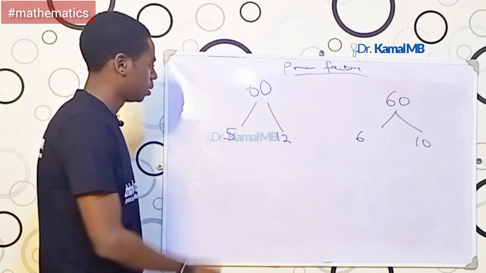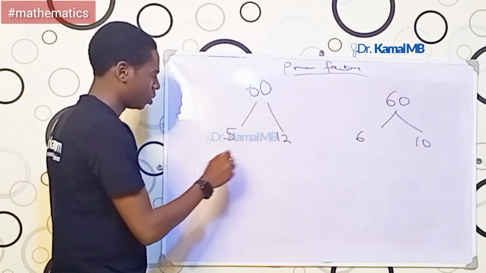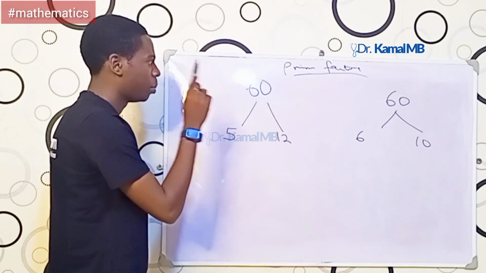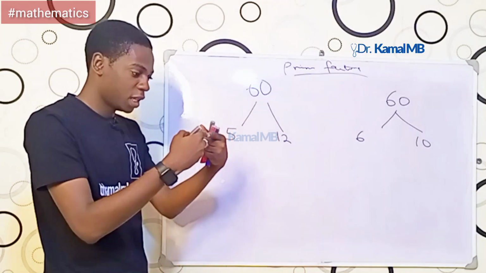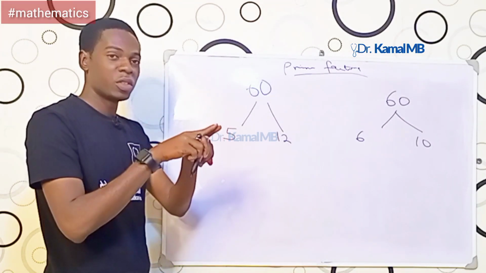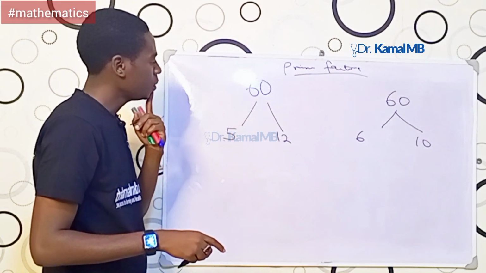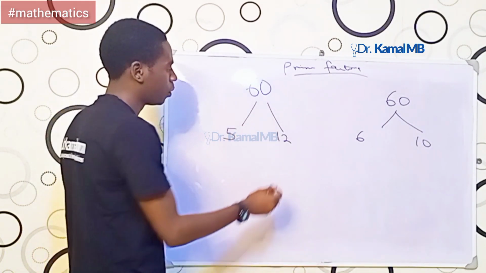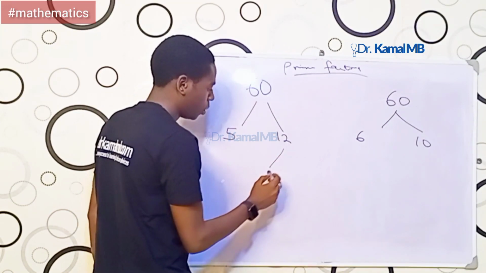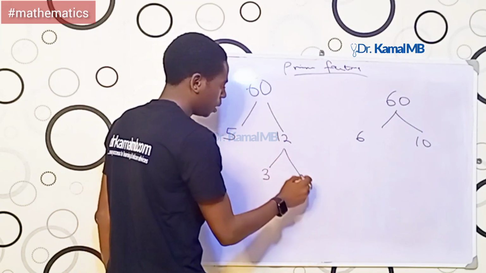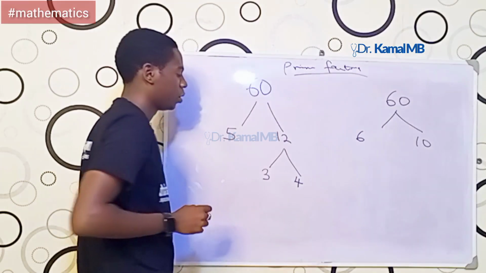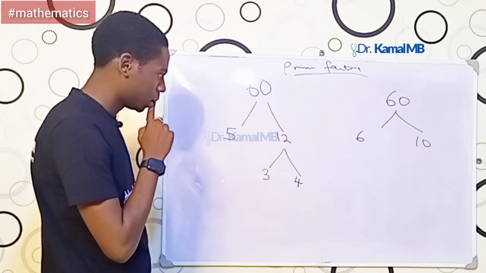Now, since this 5 doesn't have any prime factors, because there are no two values that you can multiply to get 5. But for 12, we have other factors here, because you can multiply 3 by 4 to get 12, right?